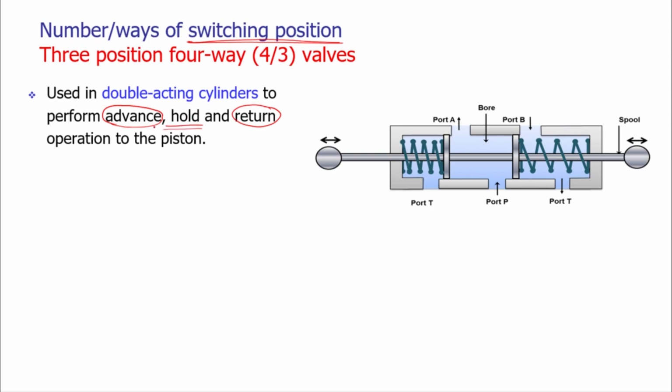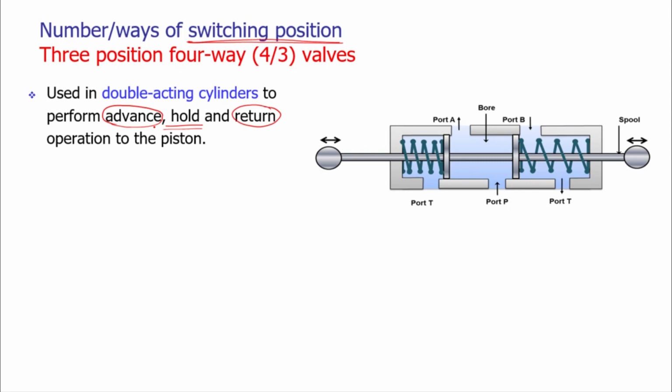So we need the 3 different positions of the control valve. In the first position, the control valve will actuate the cylinder to advance it. The typical arrangement is seen on your screen.